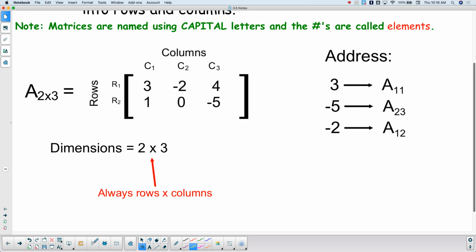I could say 3, -2, 4, 1, 0, -5, and you could write a 3-row by 2-column matrix. You could write a 1 by 6 matrix. You could write a 6 by 1 matrix. So you could write all those different kinds.